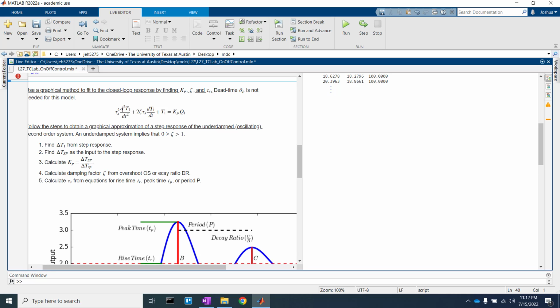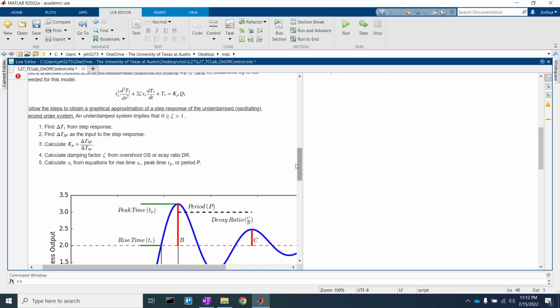So you notice we have the second derivative of temperature with respect to time multiplied by tau s squared, plus 2 times zeta times tau s times the derivative of temperature T1 with respect to time, plus the temperature itself. So not the derivative, but itself, is equal to Kp times Q1.